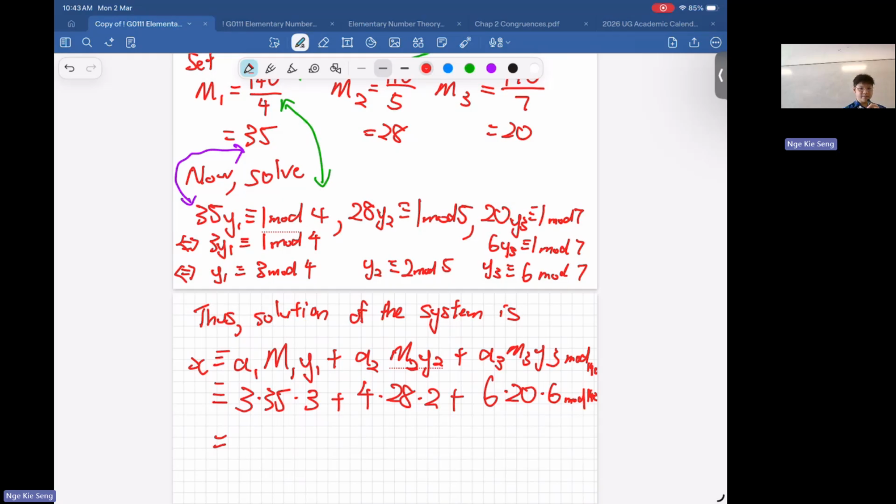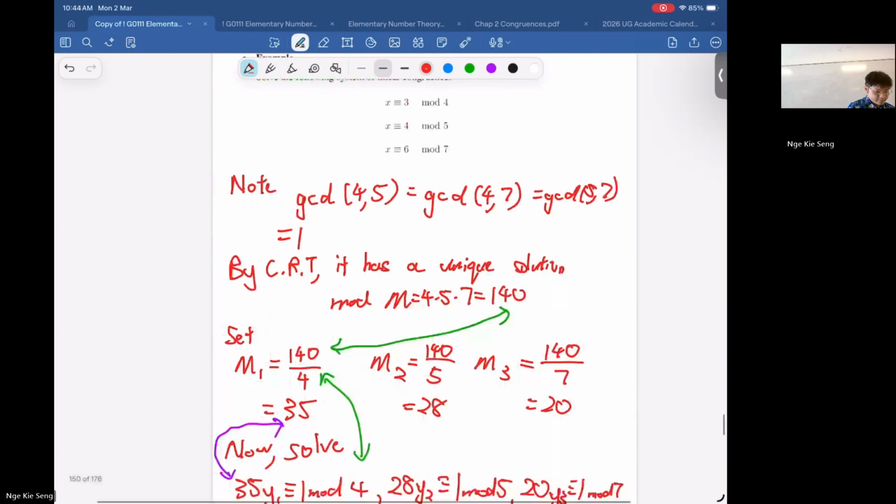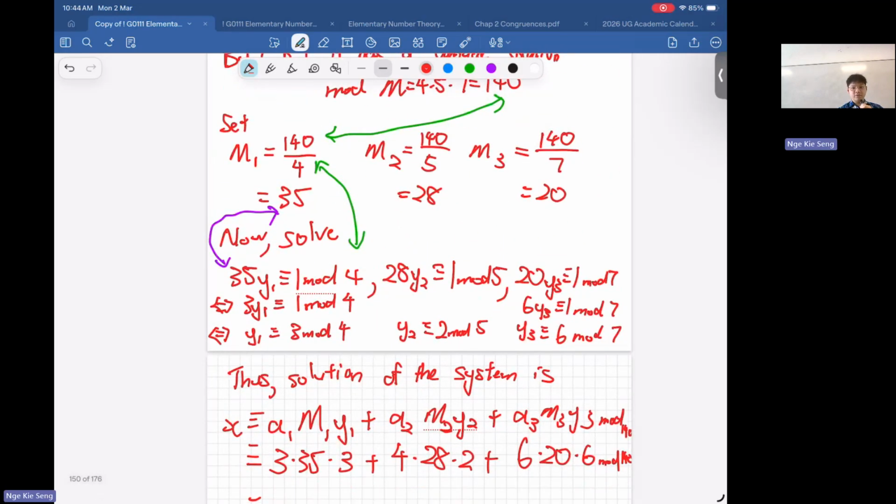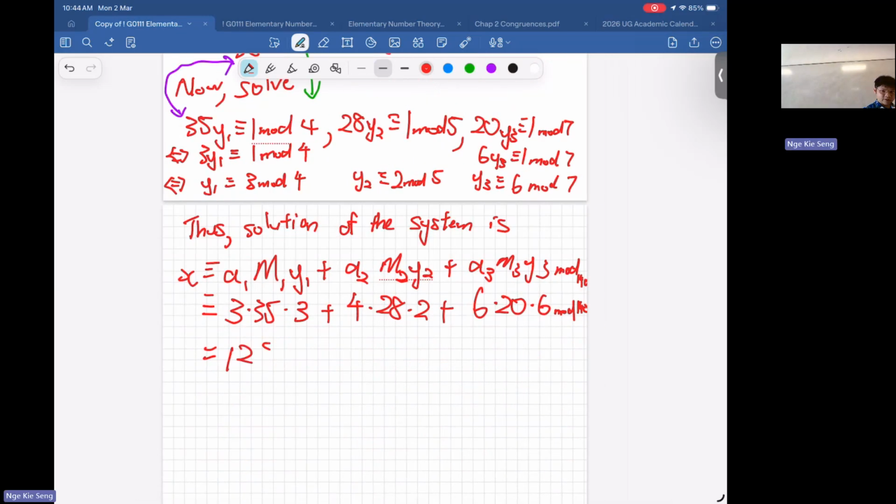Maybe someone can compute it. 1259. Okay, good. Can we further reduce a bit? Maybe 139. And you can do your sanity check.